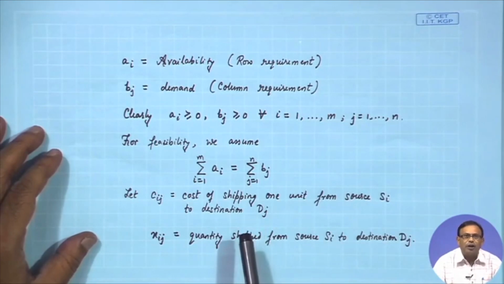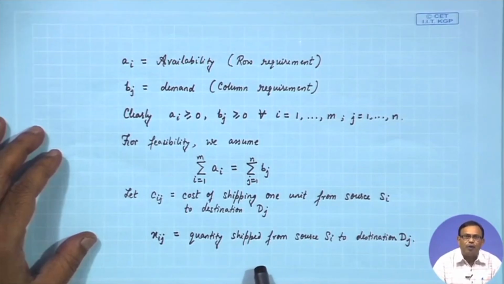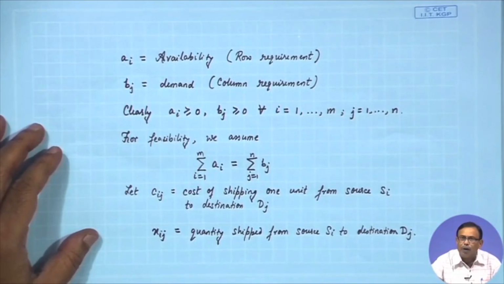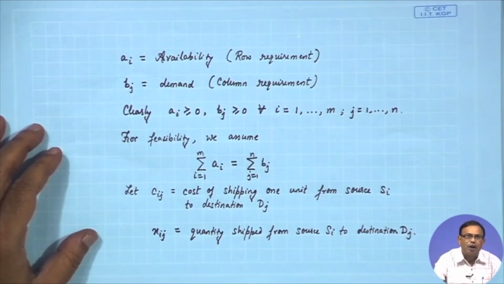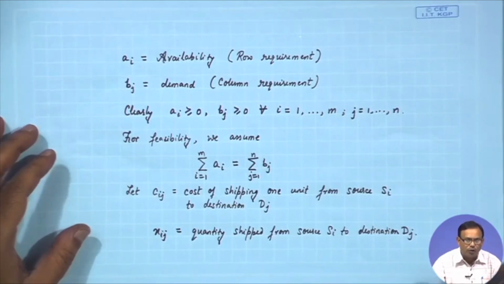Similarly, Xij we are assuming as the quantity shipped from source Si to destination Dj, whereas Cij is the cost of shipping one unit from source Si to destination Dj.